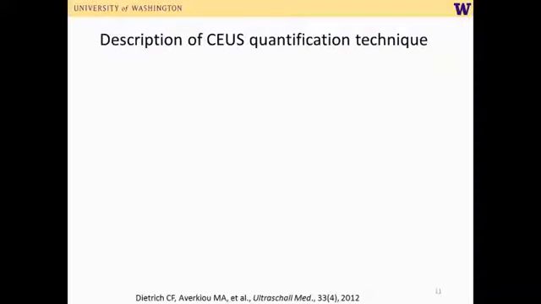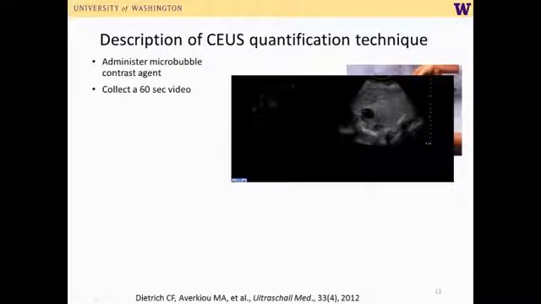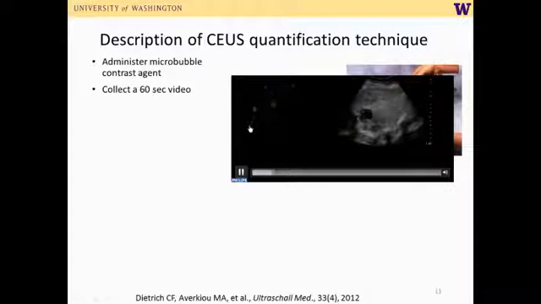That's what I'm going to describe to you right now. So the technique is as follows. We administer microbubble contrast agent, just like you see in this schematic here. We collect a 60-second loop. Here is a loop of an adrenal cortical metastasis. Here is a metastasis, a lesion, in the microbubble side of the image.